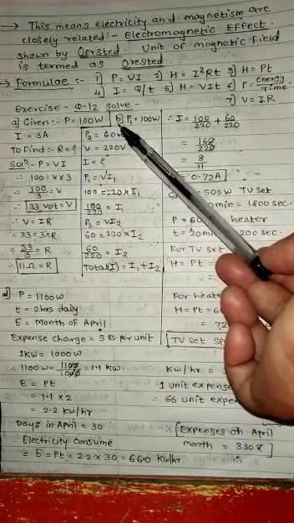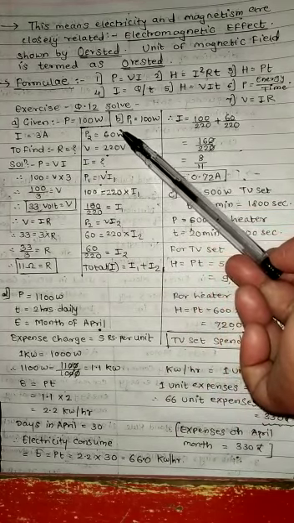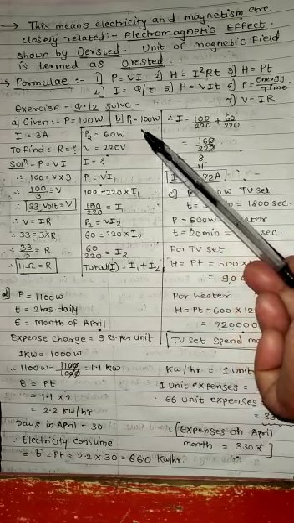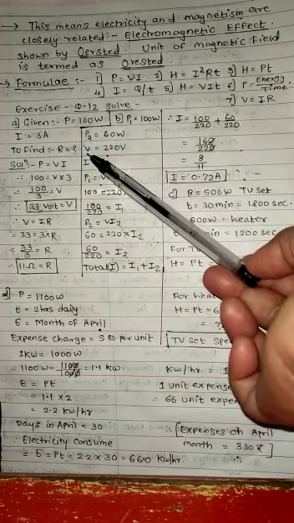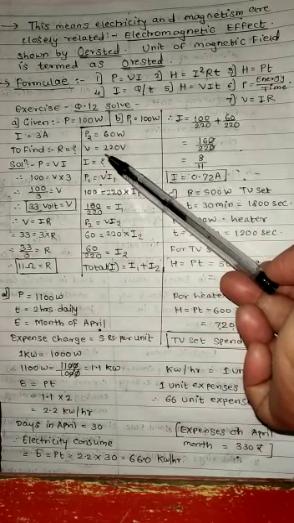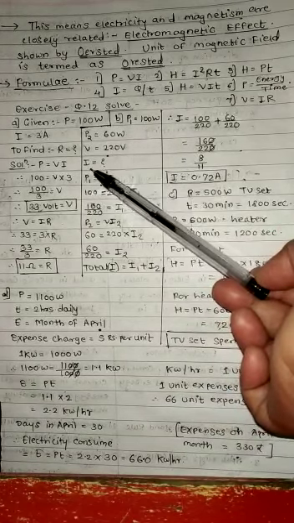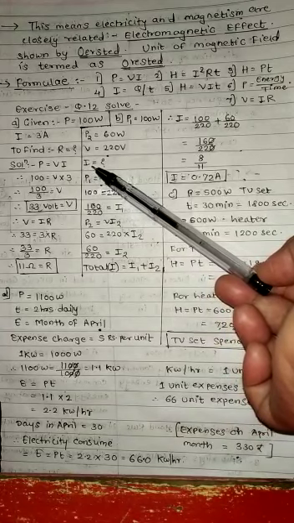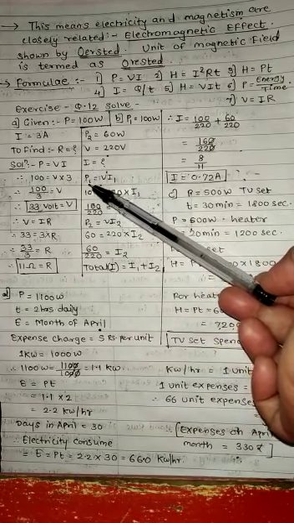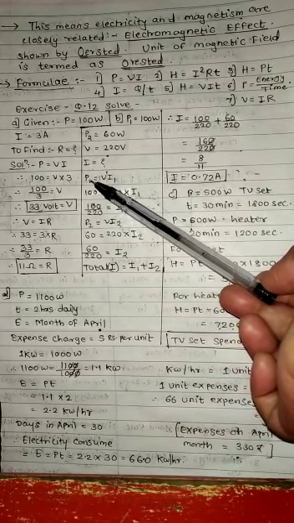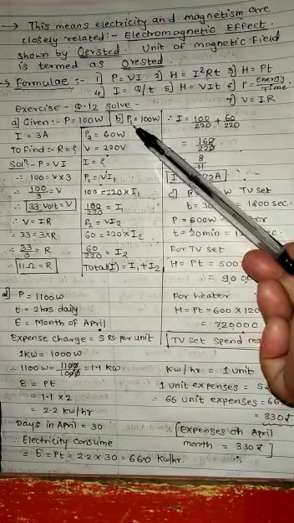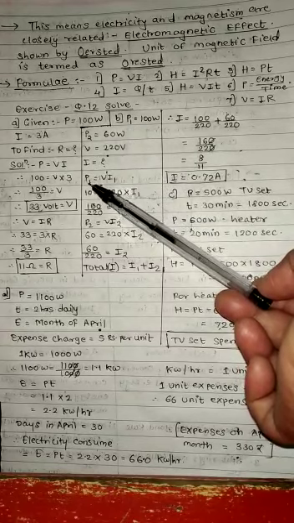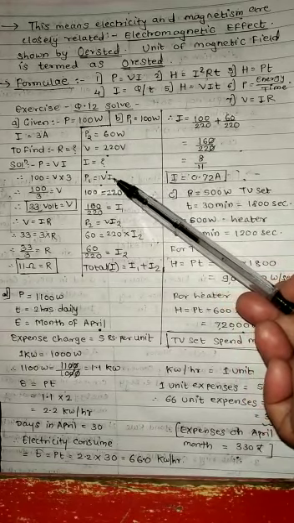Then the next sum is, if two powers are given, that is P1 is equal to 100 watt, P2 is equal to 60 watt, but the voltage in both is the same, that is 220 volt, and here you have to find out the total current. So how do you find this? First, because two powers are given, P1 and P2, for first P1 is equal to VI1.